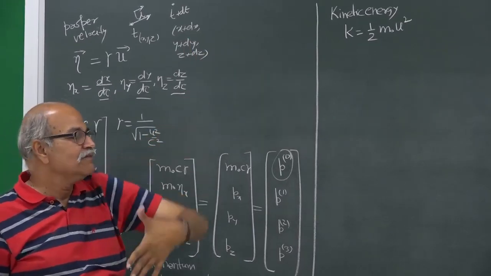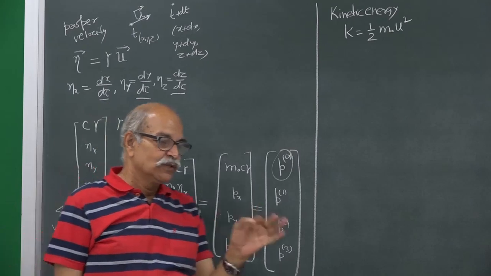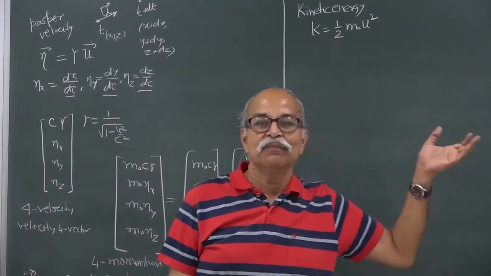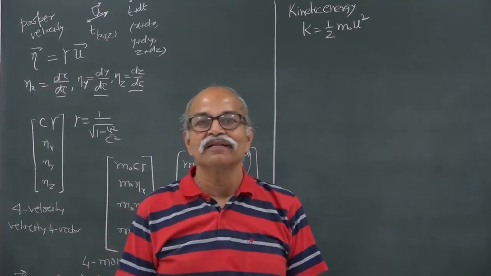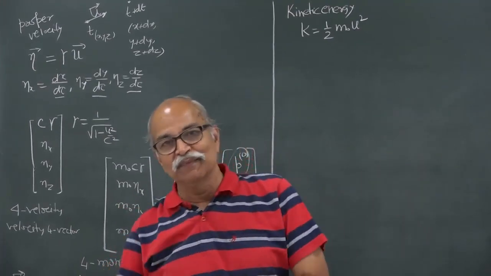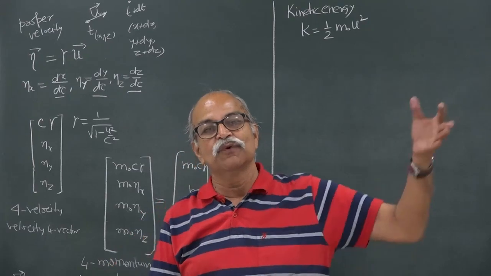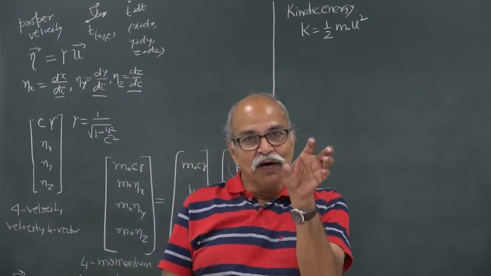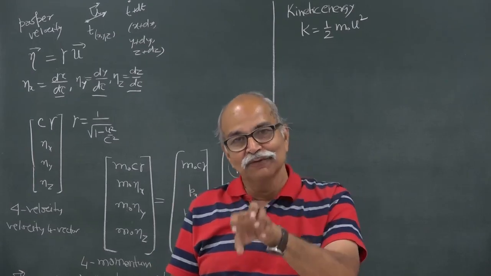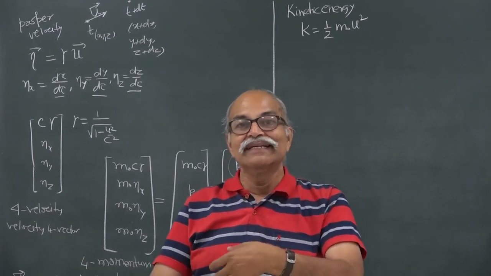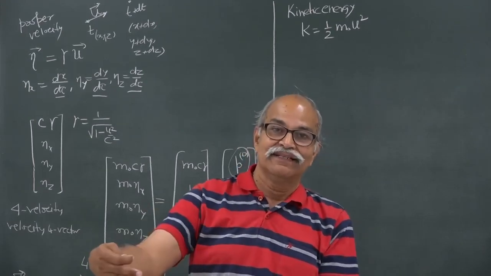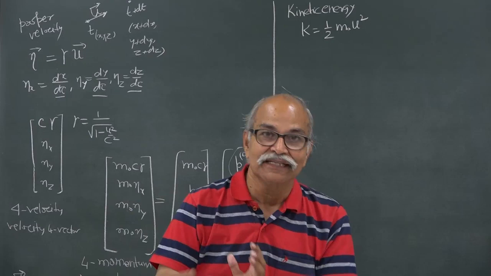The derivation starts with the work energy theorem. If you have a particle and you apply a force on that particle, and then there is a displacement of the particle, there is work done by the force on the particle, and the amount of work done by this force on the particle is equal to the change in kinetic energy. That is the definition of kinetic energy.